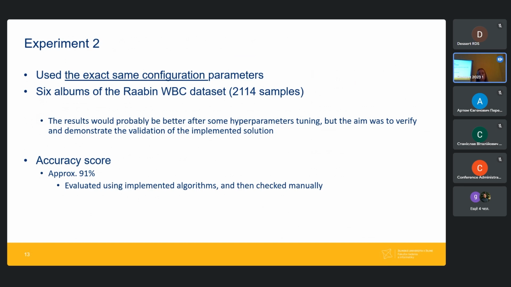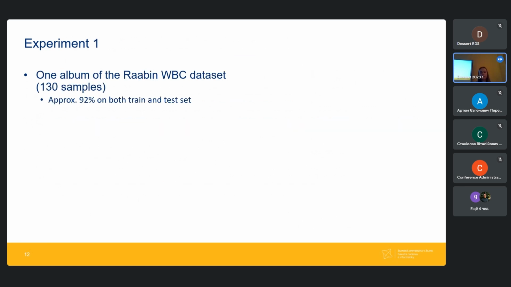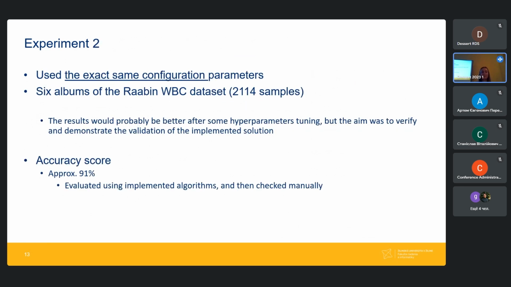Okay, the other experiment, as I mentioned, was to support the solution. I think the wrong presentation was uploaded, probably, but never mind. Basically, with the same configuration, it was applied to a larger set of images, and the accuracy score that I got was essentially 91%, which was just 1% or 2% worse than in the smaller dataset.